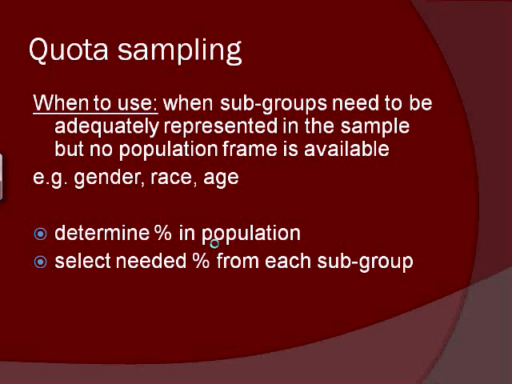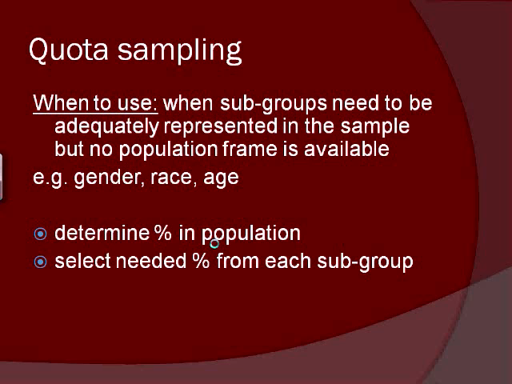population. So sometimes researchers have good reasons to make sure that specific groups, because these groups may be somehow sensitive to the research design, are represented as they are in the population. A good example is political research.